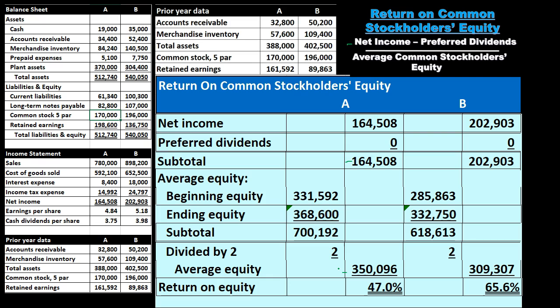Why is it there? In order to help us to generate revenue, in order to help us to generate a return or net income. So in essence, we want this number to be high as compared to this number. So if we take the net income divided by the equity, we would want this to be higher. And so in this case, B is looking better than A, it having a higher return on common stockholders' equity.